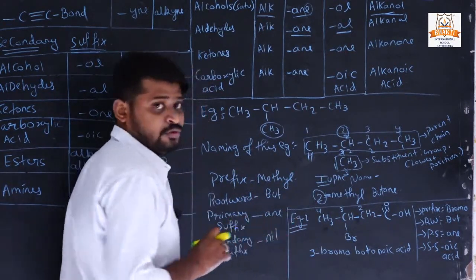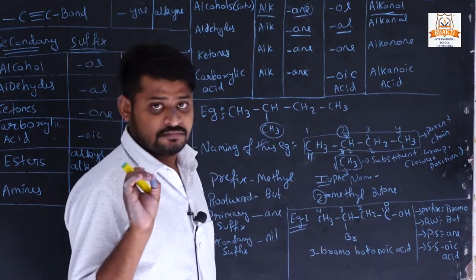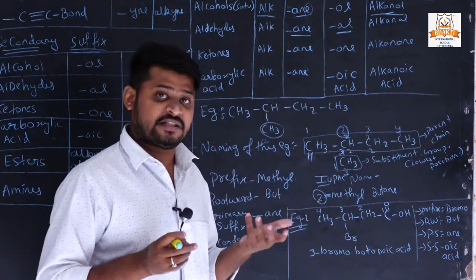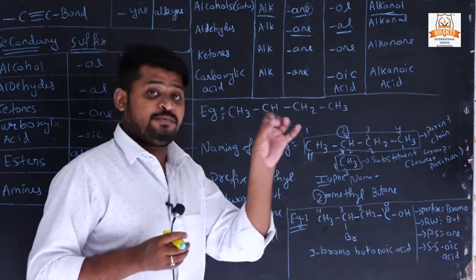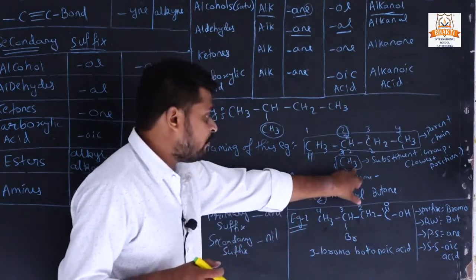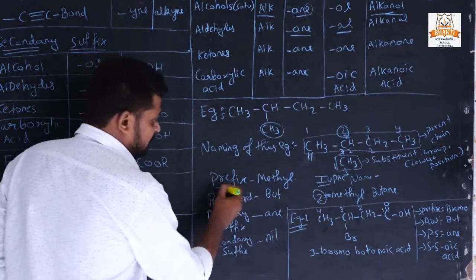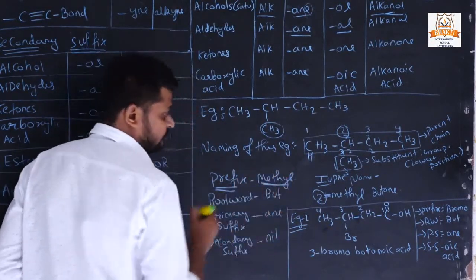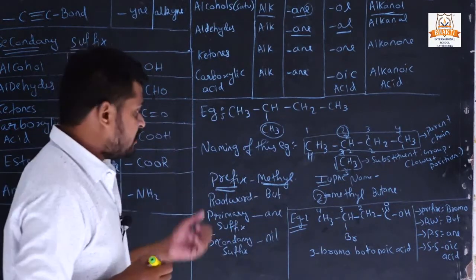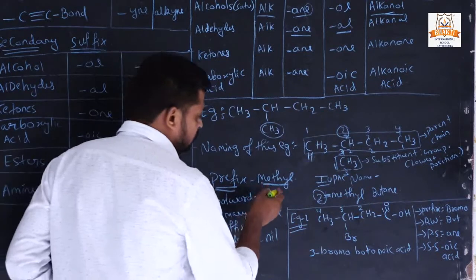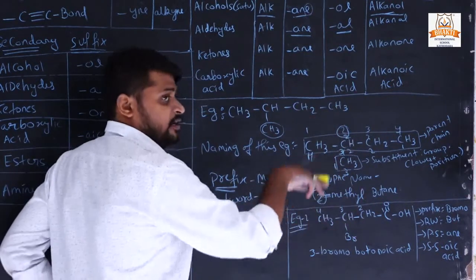First we have to use a prefix. How will we determine the prefix? By looking at the substituent group. What was the substituent group here? CH3. So the prefix is methyl. It is from the alkyl group.